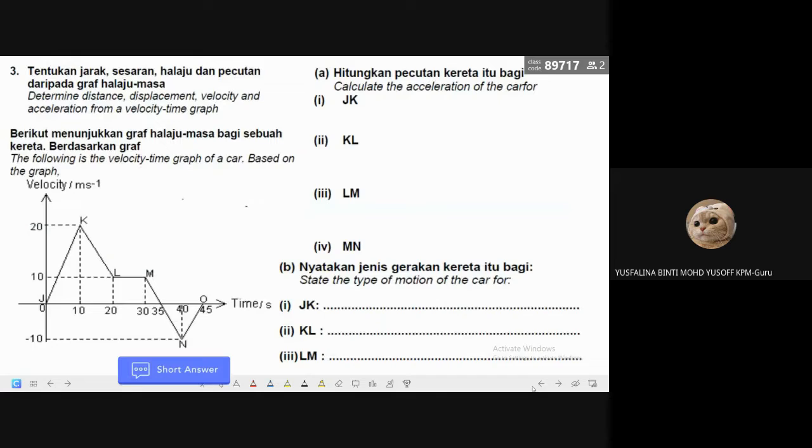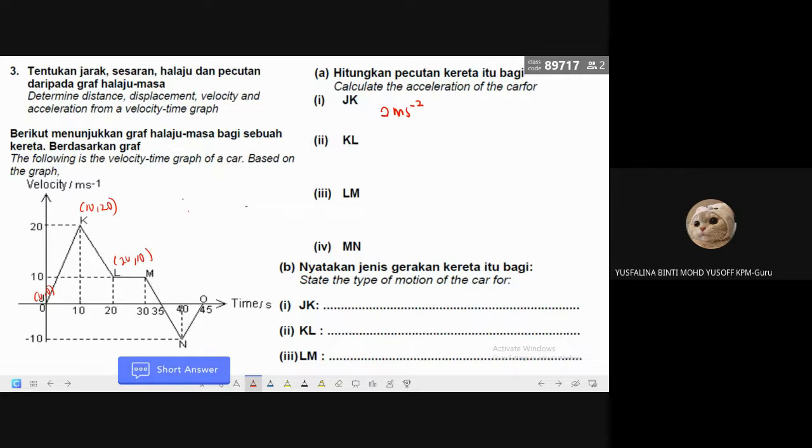Okay, JK, so you find the gradient. So 10, 20 here. So this is 0, 0, right? So I calculate, I got 20 divided by 10, so it is 2 m/s². How about KL? KL you should get negative, right? So this is 10, 20.